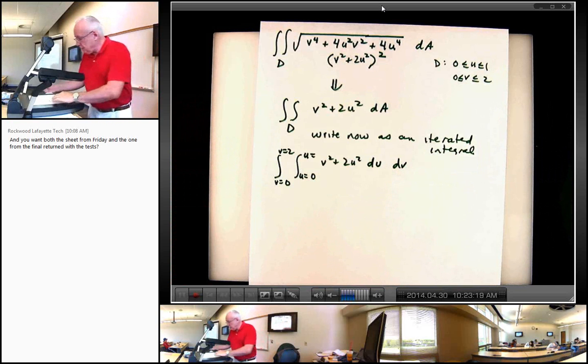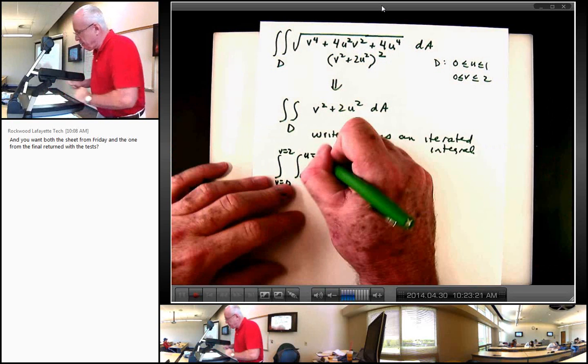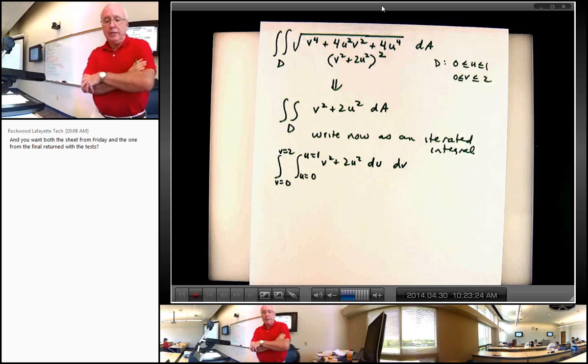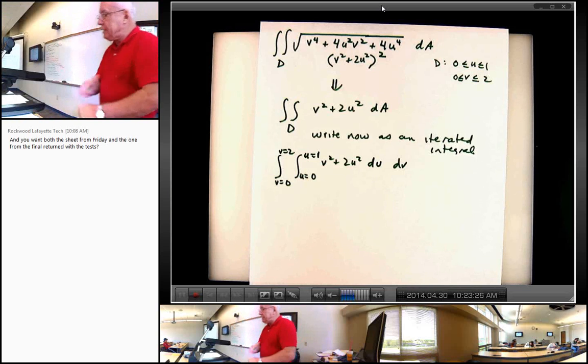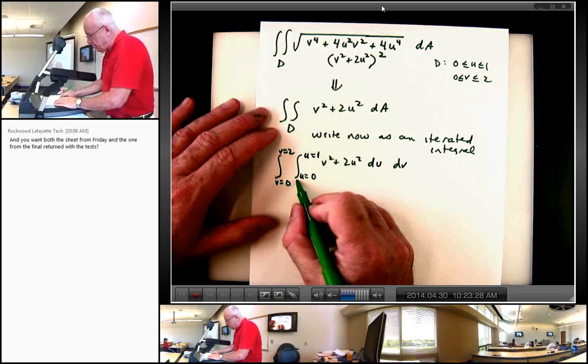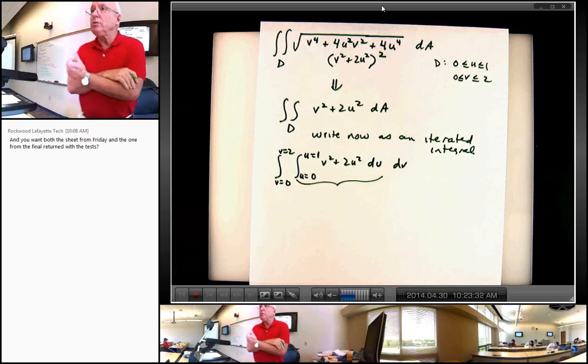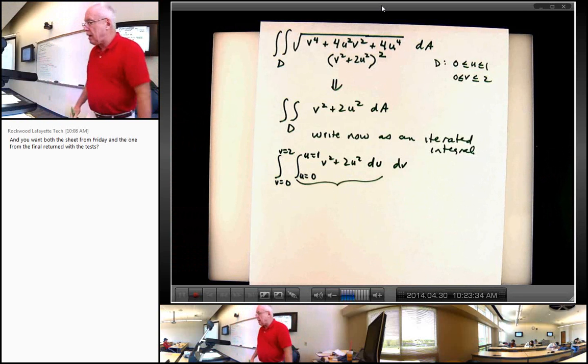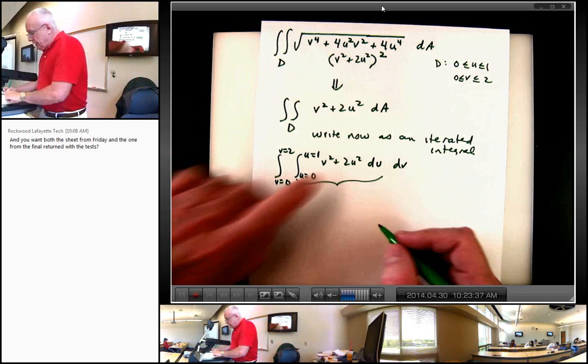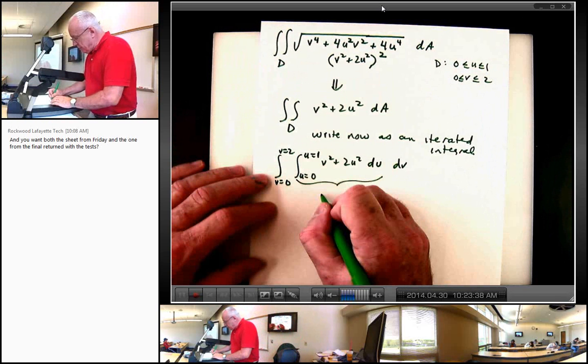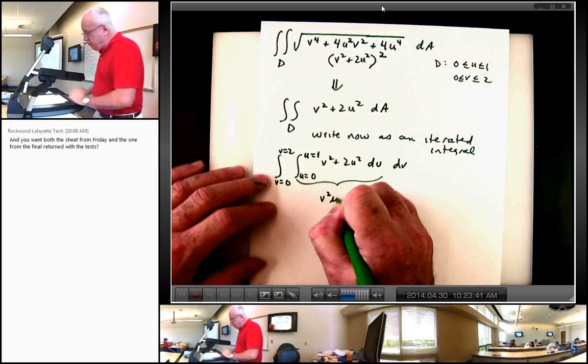Okay, so how about writing the 1 there? All right, so now we just do the antiderivative, first of all, on the inside, working from the inside out. So on the inside, u is our variable and v is our constant. So the antiderivative of v squared is going to be v squared times u.